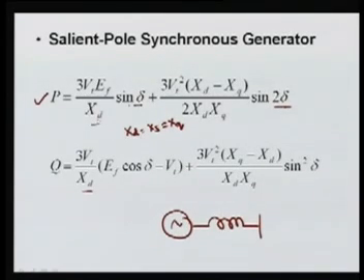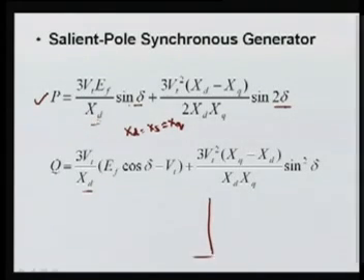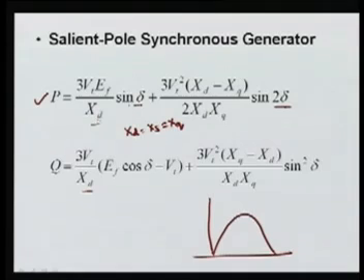If we draw this diagram, earlier we had our angle, this is delta, this is pi by 2, this is pi. For 2 delta, pi by 2 means here pi, and it will be 0. At pi by 4 delta, this component will have the maximum value.